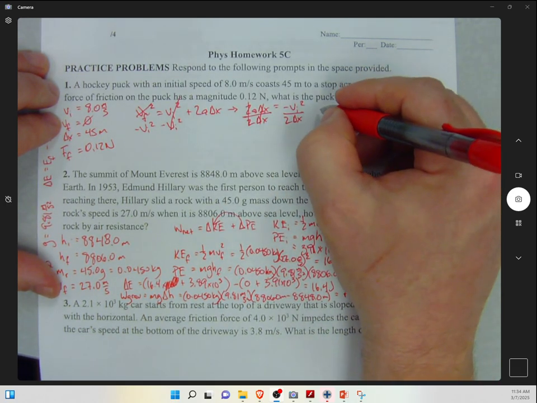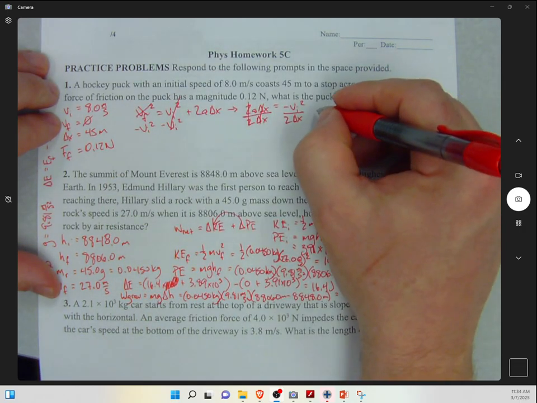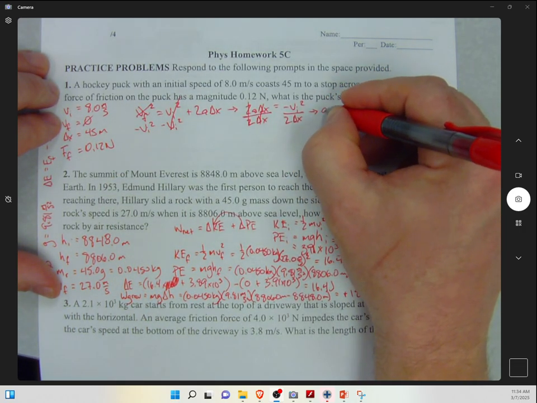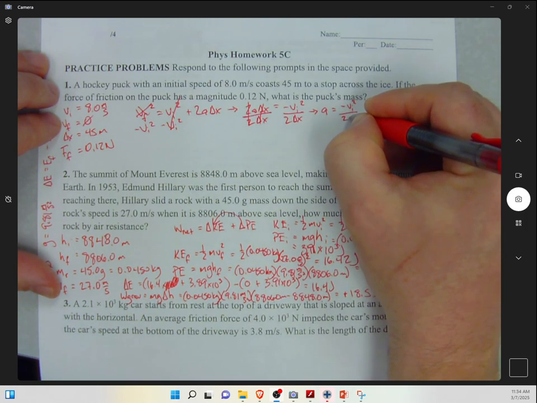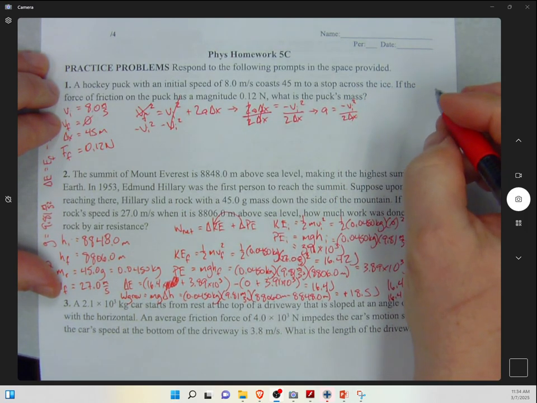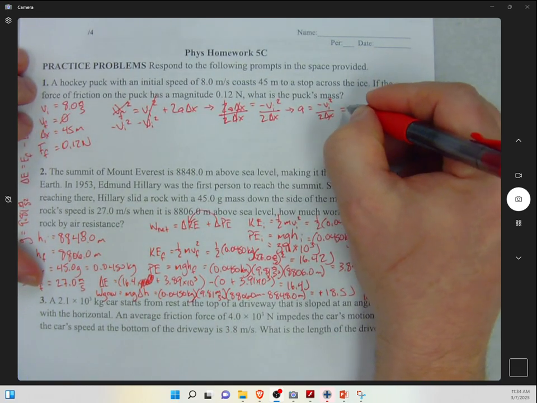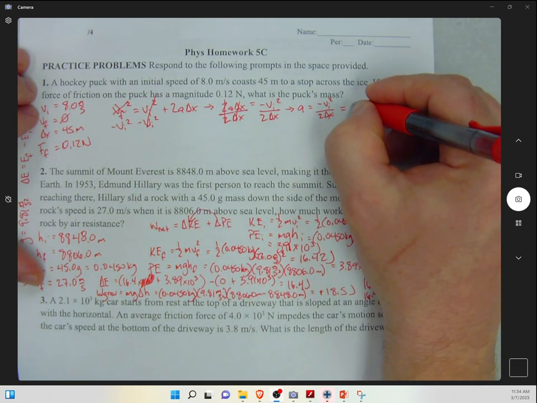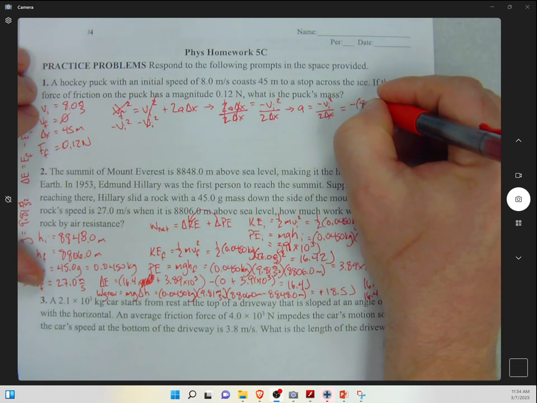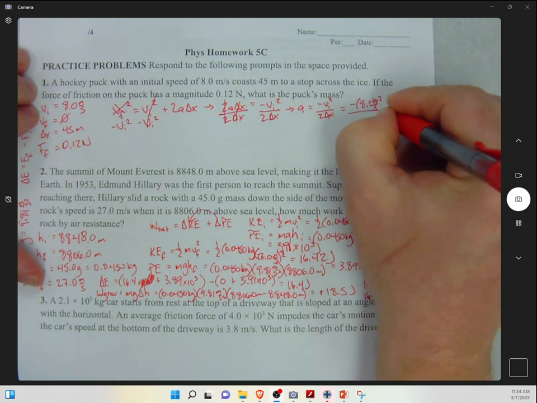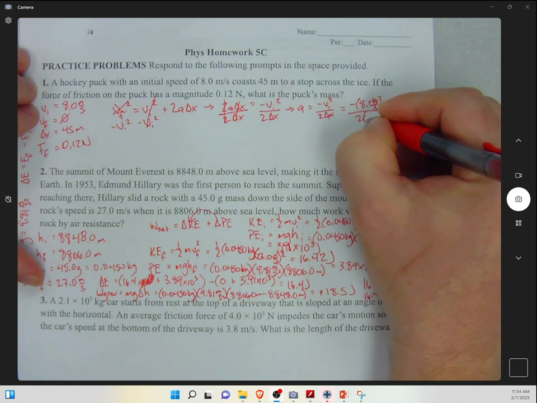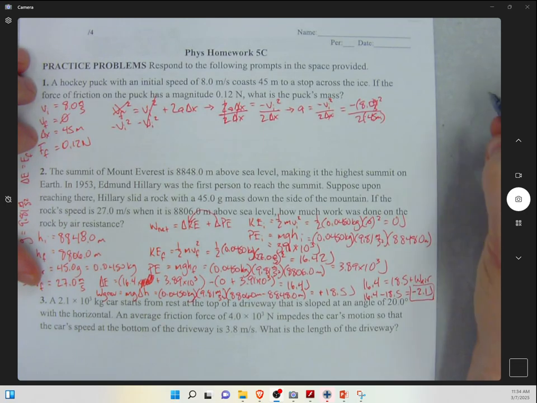And so I end up having acceleration is equal to negative vi squared divided by 2 delta x, which, if I can plug in my values, negative 8 squared meters per second squared over 2 multiplied by, what's my delta x? 45 meters.